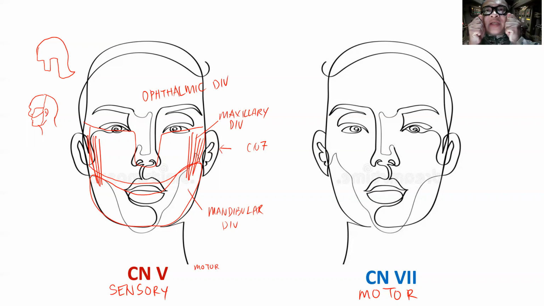So if, let's say, the left pterygoid is weak, only the right can push. So basically your jaw will move like this. Normally, when your lateral pterygoids push, your jaw moves forward.